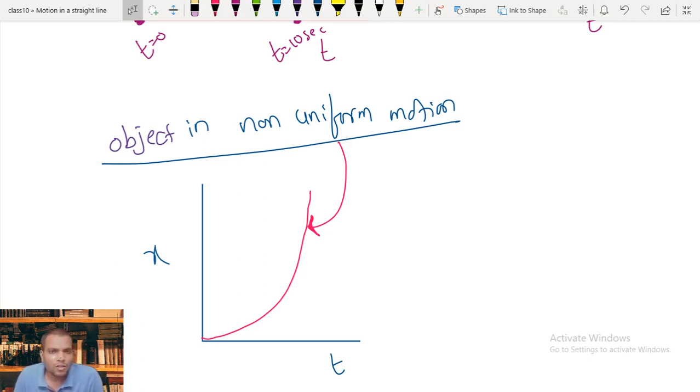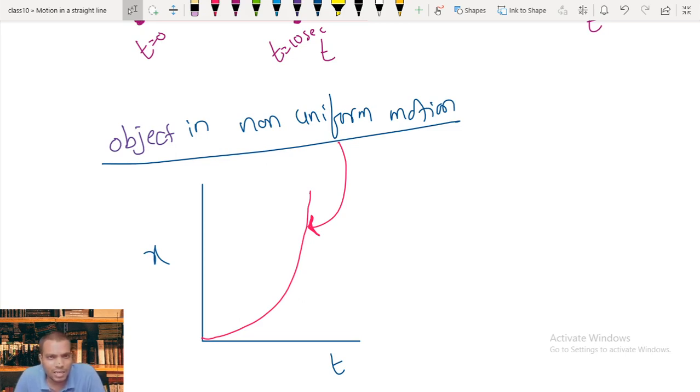The problem with non-uniform motion is the object does not have constant velocity. If the object covers unequal distances in equal intervals of time, obviously the object's velocity is not uniform, not a straight line.